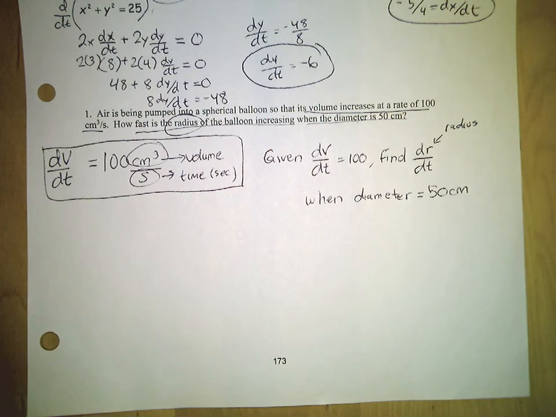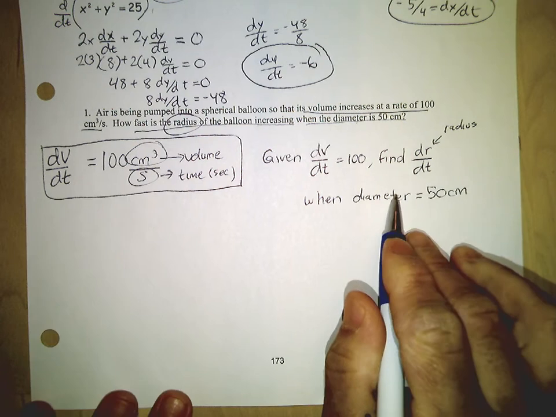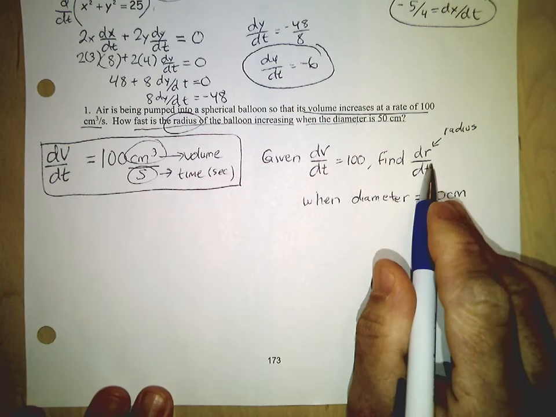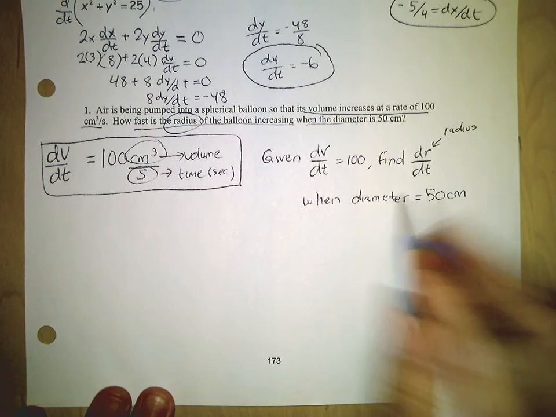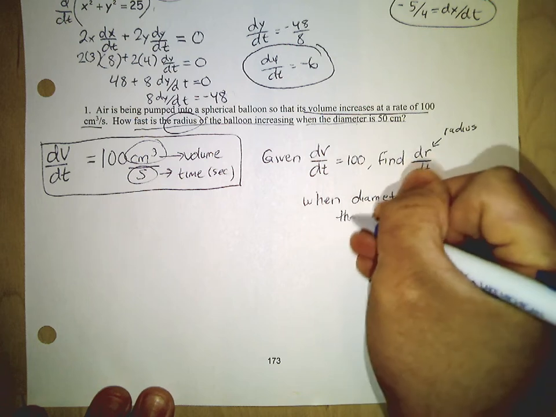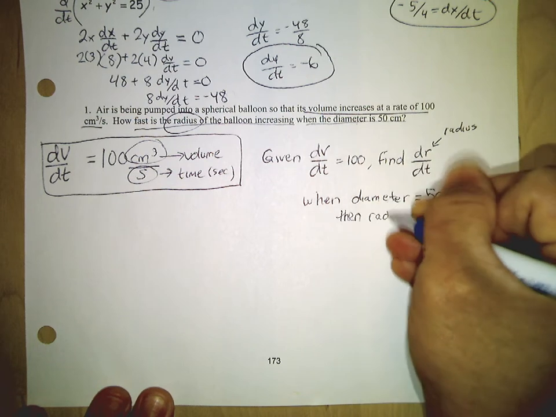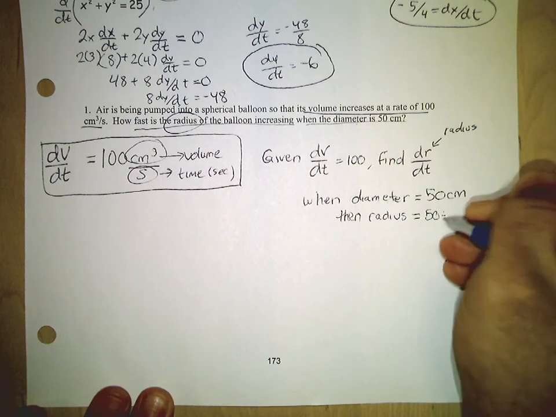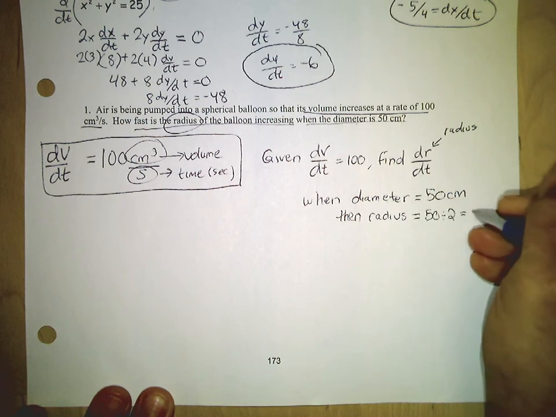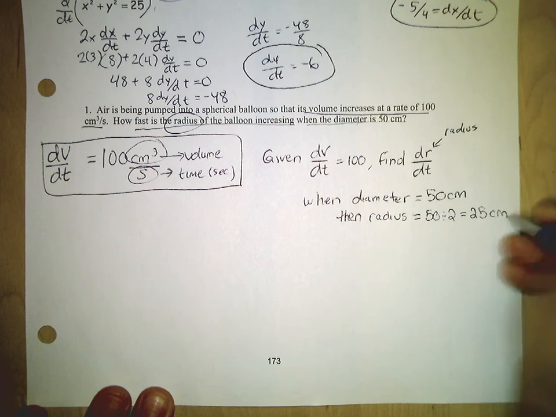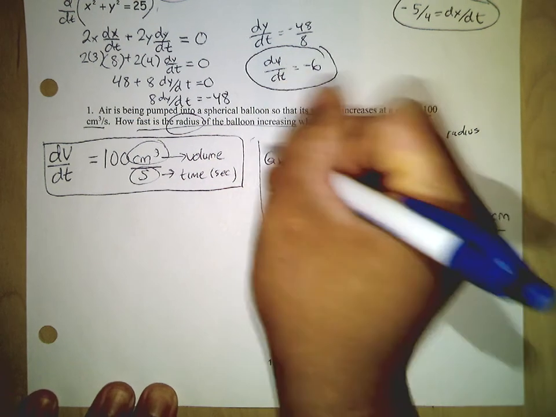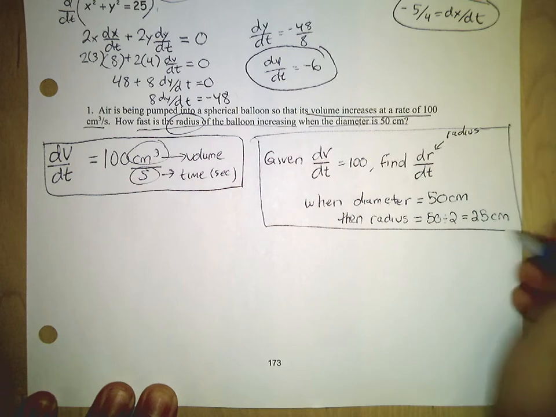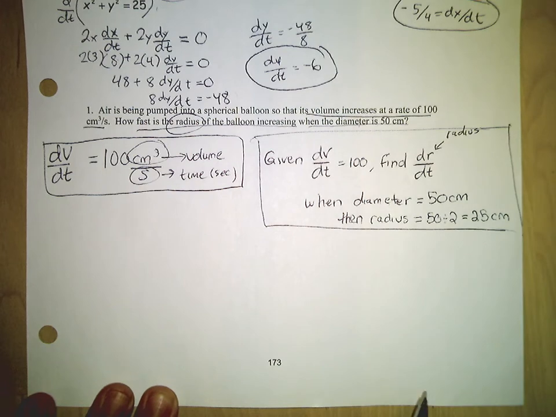But I'm going to change this so that it's also in terms of the radius. If the diameter is 50 centimeters, then the radius is 50 divided by 2, which is 25 centimeters.